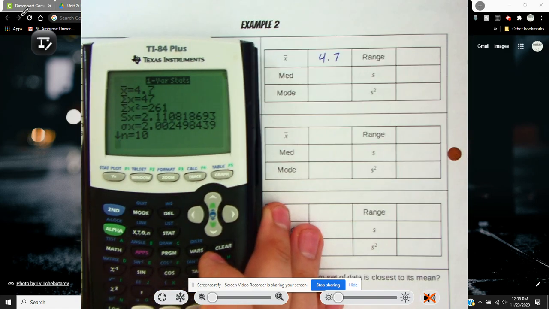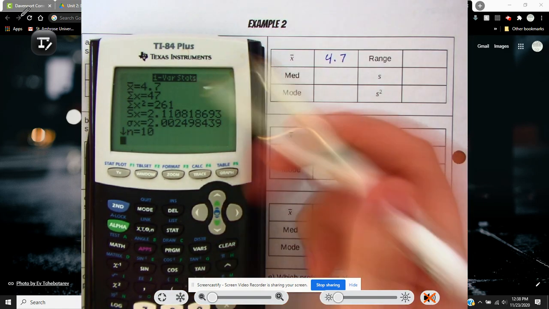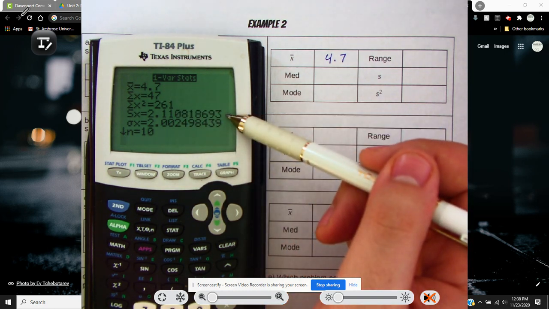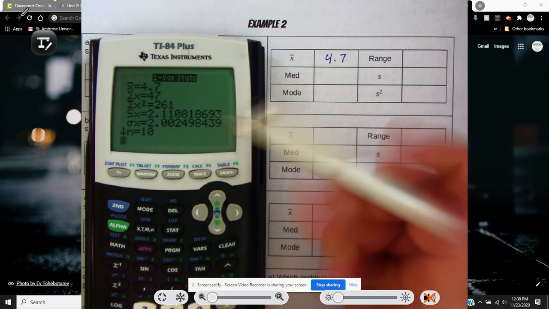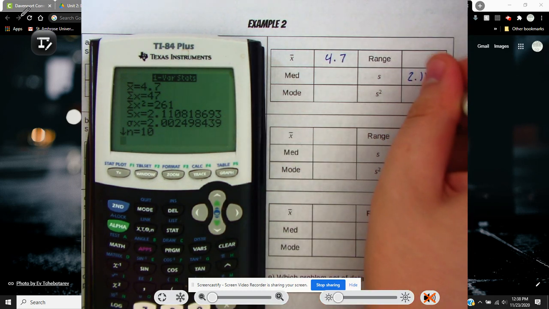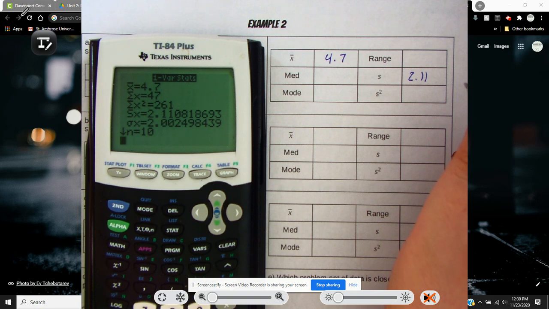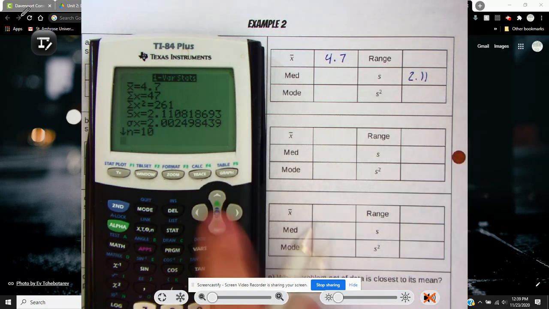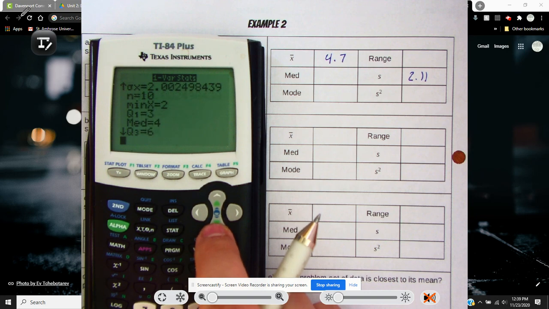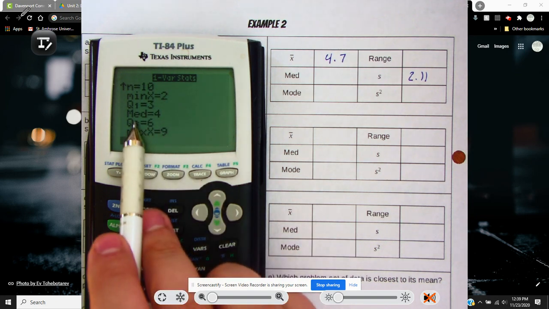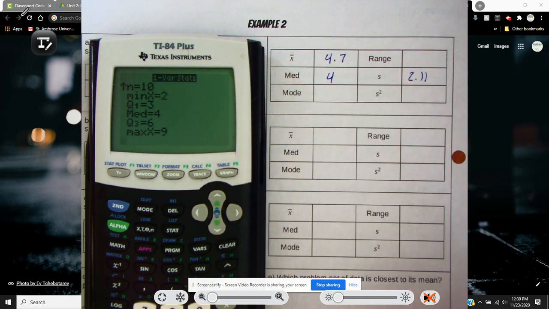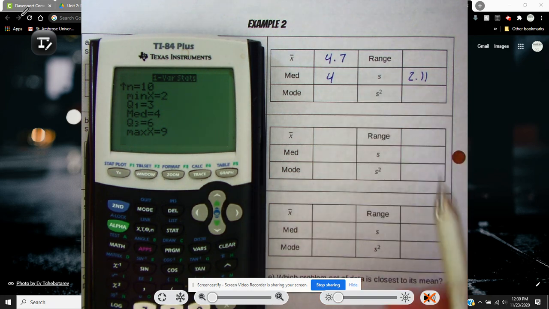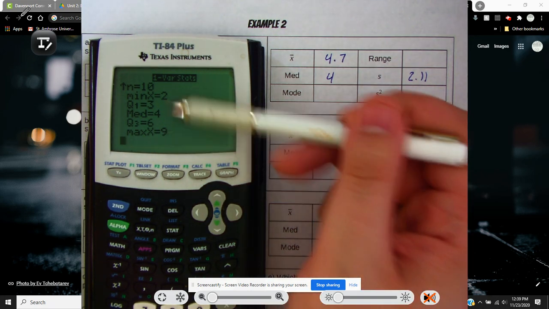The next thing that I see listed is SX, which is our standard deviation, or just plain S, which is 2.11. Scrolling down, I see my median is 4. Range is the biggest minus the smallest, or our max number minus our minimum number.